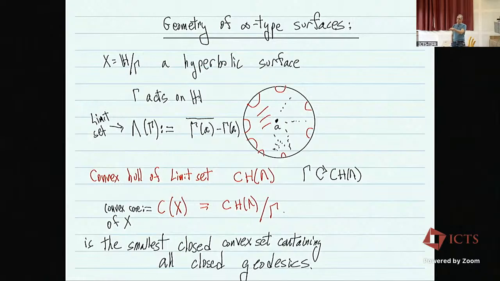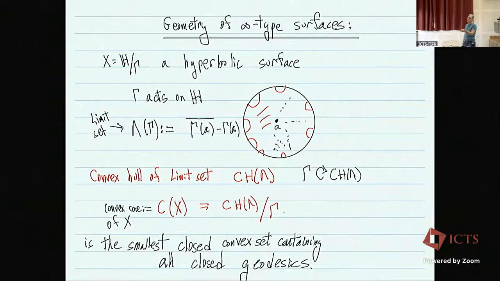They get smaller and smaller in the picture. This convex hull is gamma invariant, okay? So you can quotient by it, and when you quotient by it, that's what's called the convex core of the hyperbolic surface. Okay? So this is one way to define the convex core of a hyperbolic surface.